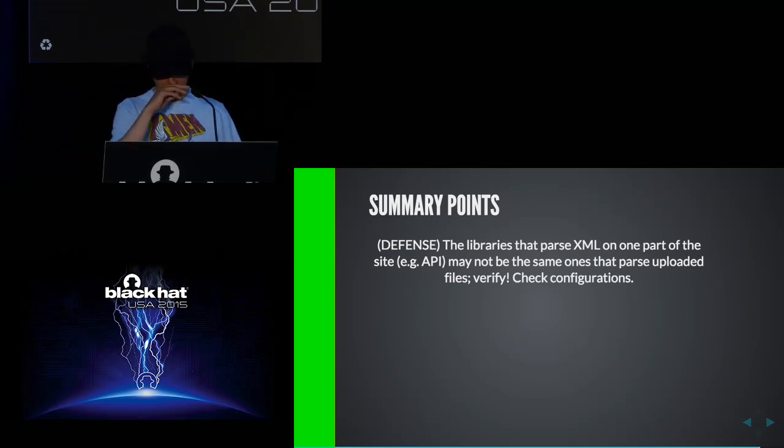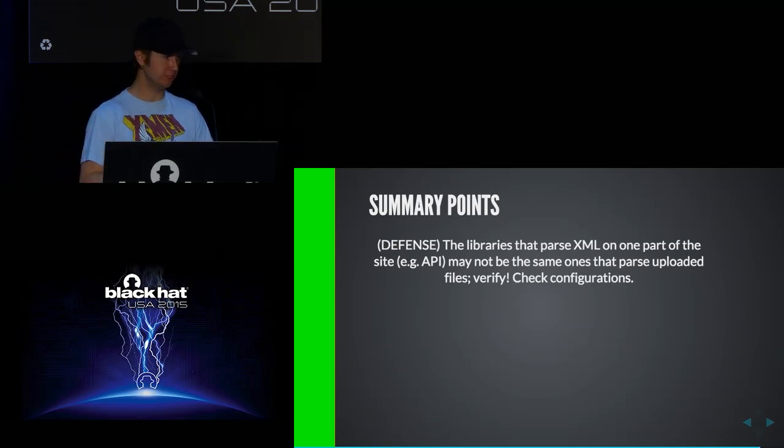Summary points. When I originally submitted the CFP, I had found this string of findings in bounties, in products, and I was thinking about why we are seeing this on something like a Facebook or a Slack so late in the game. I think it's because the libraries are only now getting the research. The libraries that parse the XML on one part of the site may not be the same ones that parse the uploaded files.